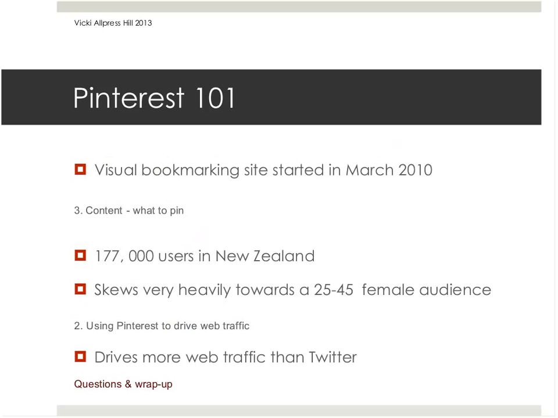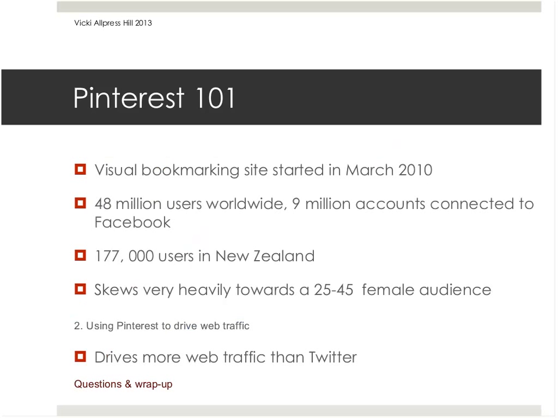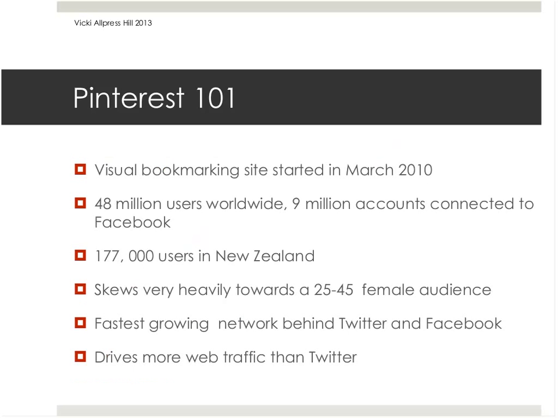So there's a lot of integration with other social media sites that Pinterest does. Last I had a look, there were about 177,000 users in New Zealand. So it's probably about number 8 on the list of social media sites that are heavily visited in New Zealand. But it is growing extremely rapidly.